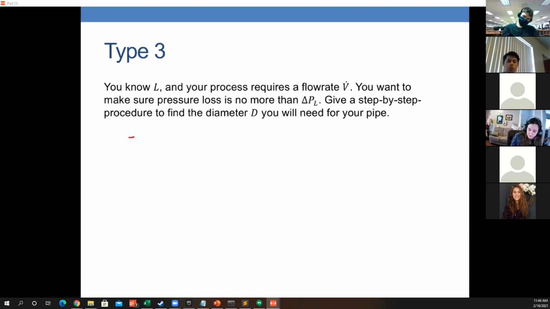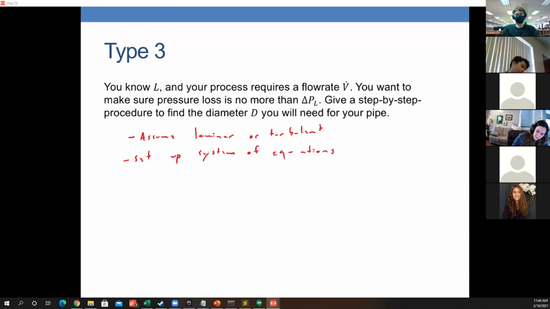You have to assume laminar or turbulent, set up the system of equations, and it'll typically be the same equations. Solve for D, find Reynolds number, check assumptions.